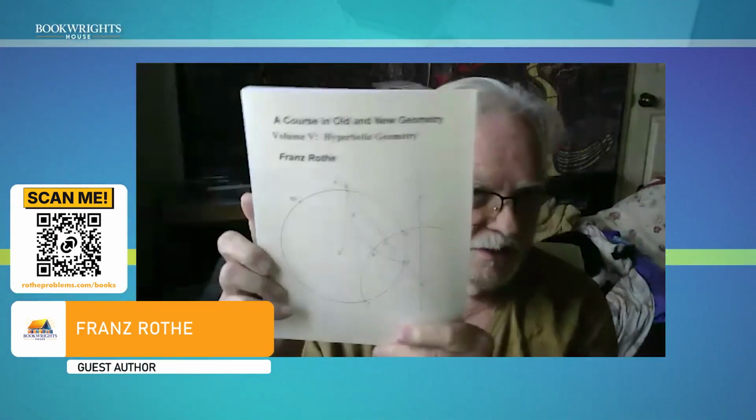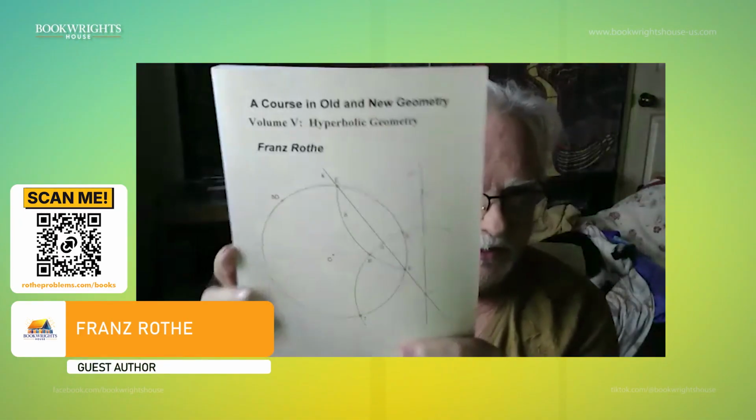So there's a new metric, and that has the effect also that the straight lines don't look straight in the usual Euclidean sense, but the straight lines are circles which intersect the boundary circle in right angles.